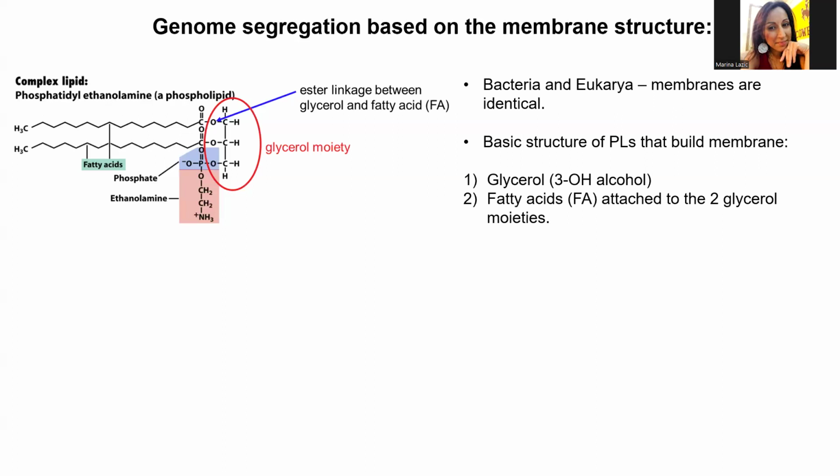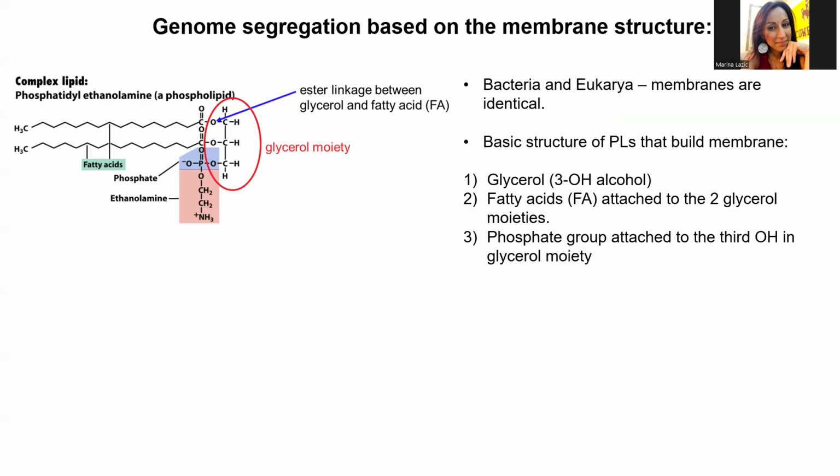So this tic-tac structure is the fatty acid, and they're attached to two hydroxyl groups of glycerol. The third one is the phosphate group, which is attached to the third hydroxyl group of the glycerol moiety, and that's why we call them phospholipids, because they have phosphate and fatty acids attached to glycerol.